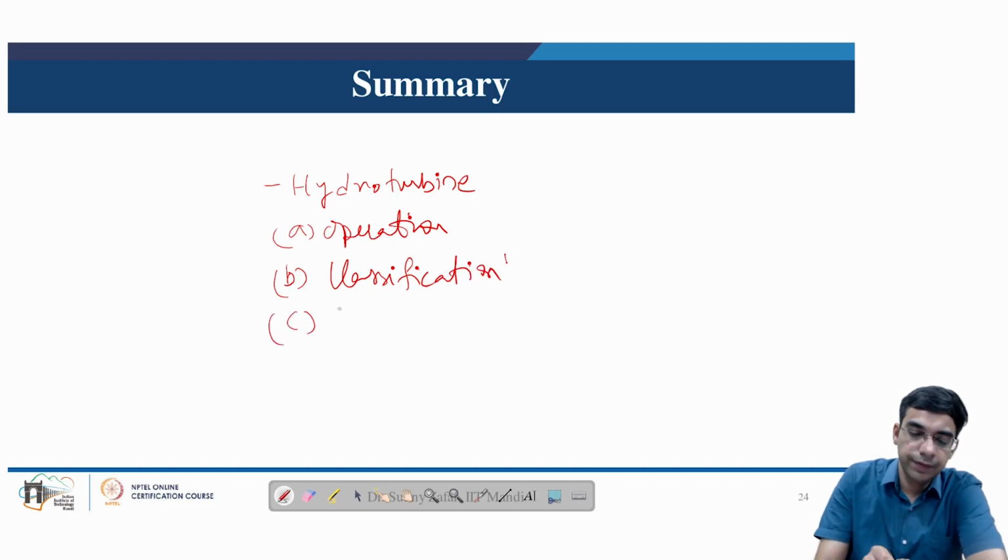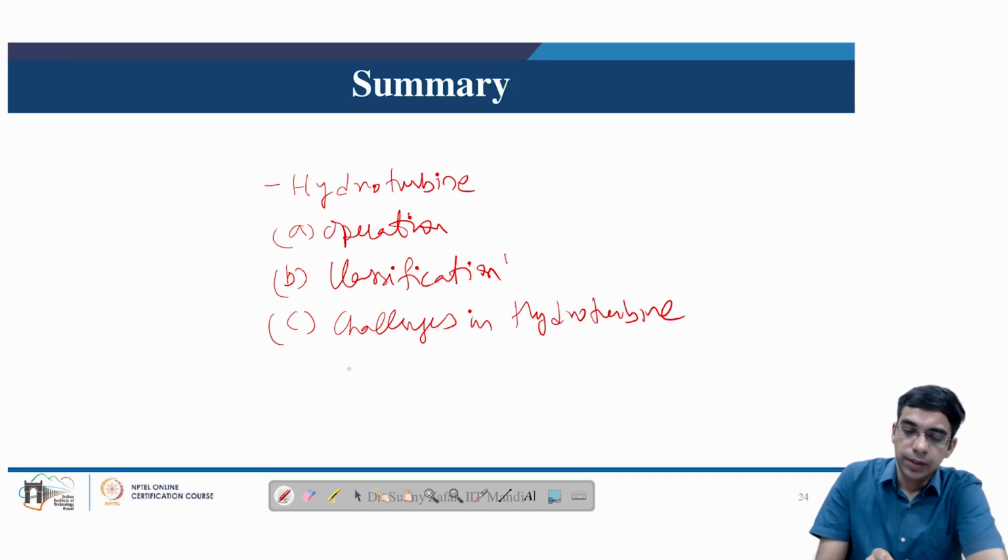Then we have covered various challenges in hydro turbines. And we have looked at the mechanisms of these challenges and how they can be mitigated. Primarily we have looked at challenges such as cavitation, erosion and corrosion.